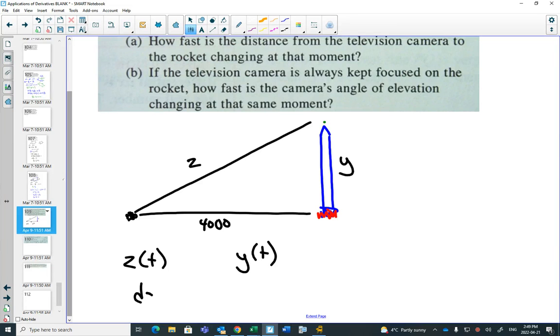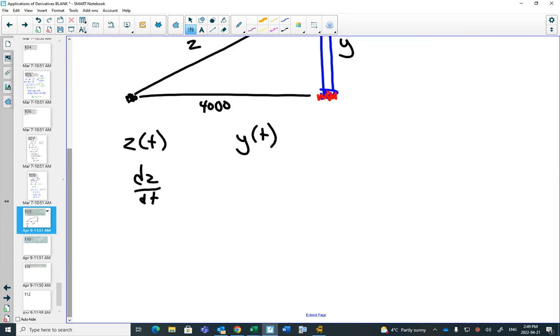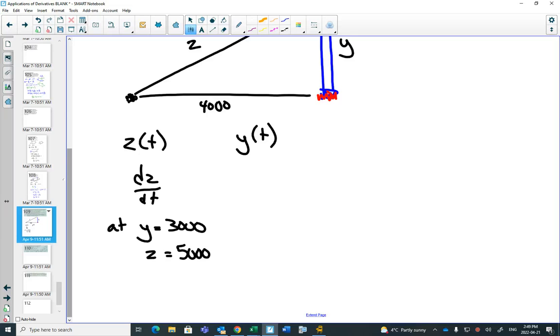We want to find dz/dt at y equals 3,000. And can you see it's just 3, 4, 5 again? They're not being very creative with their triangles. They meaning, I guess, me, because I put these questions together. Anyways, at y equals 3,000, z will be 5,000.